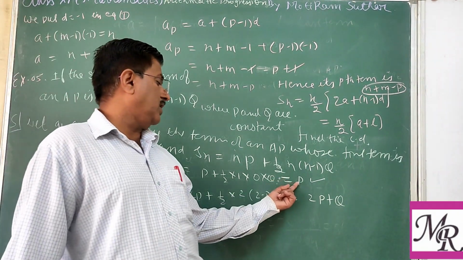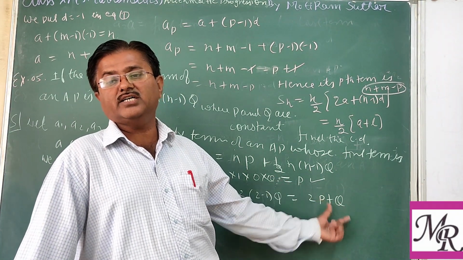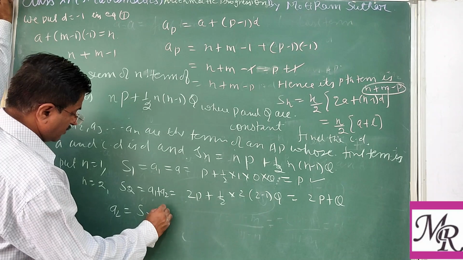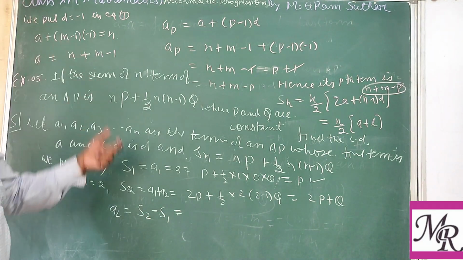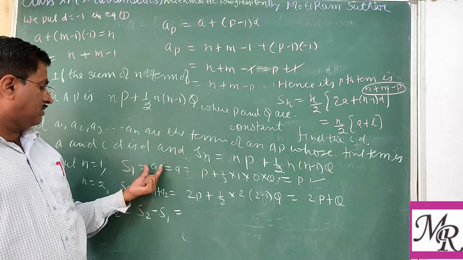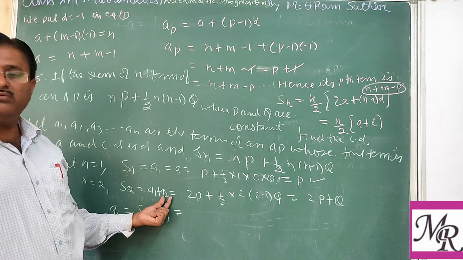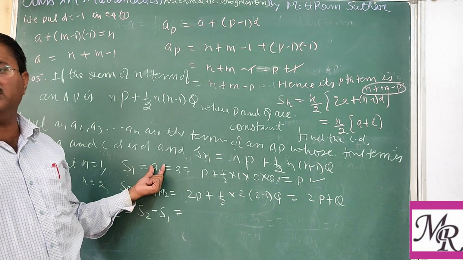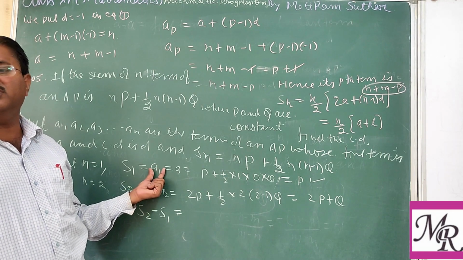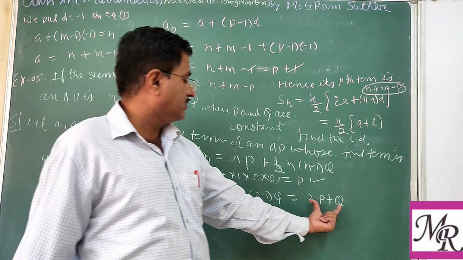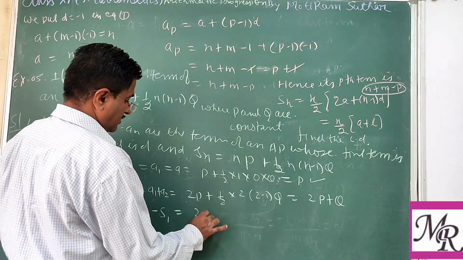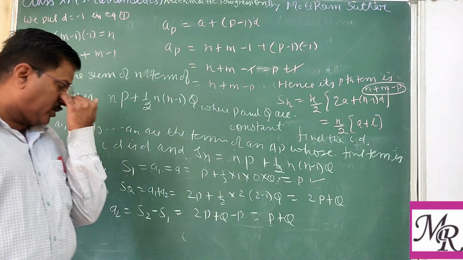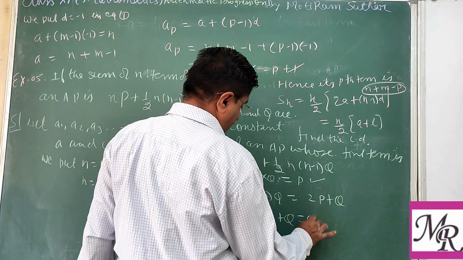Clear? So we can find the second term. The second term is the sum of two terms minus the sum of one term: A1 plus A2 minus A1 gives A2. So S2 minus S1, the sum of the first two terms minus the first term only, gives the right side 2P plus Q minus P. So this is A2, we get the value of A2.